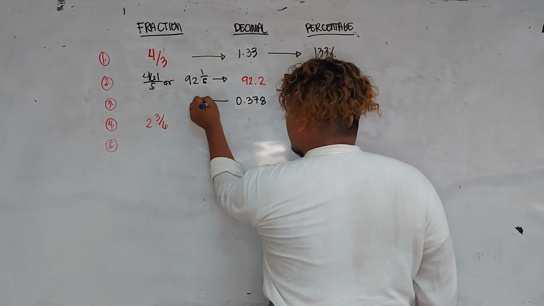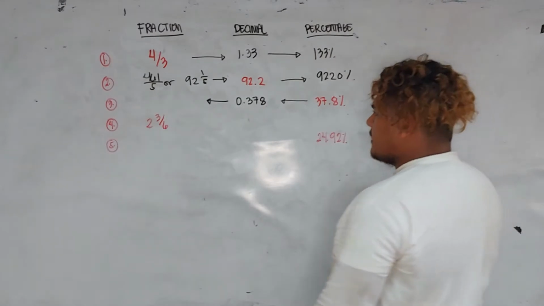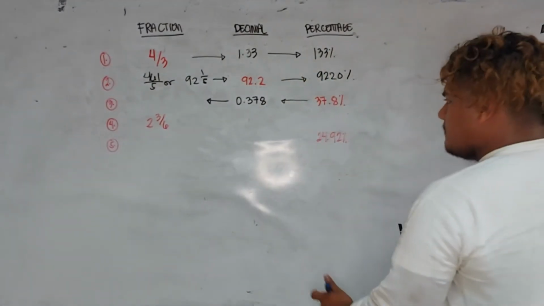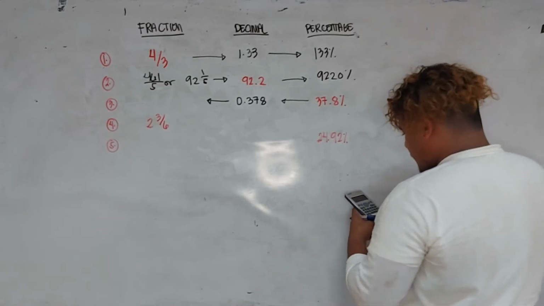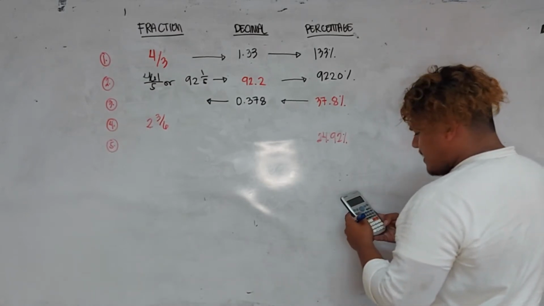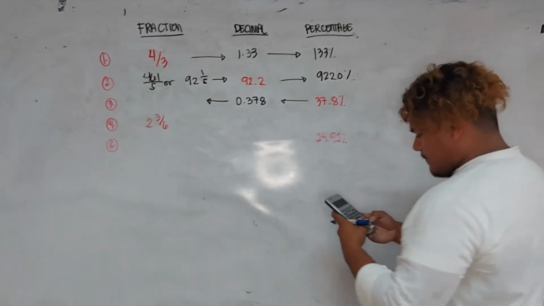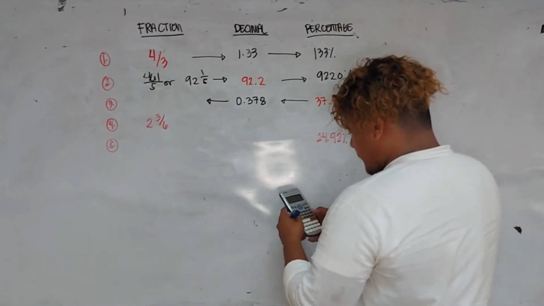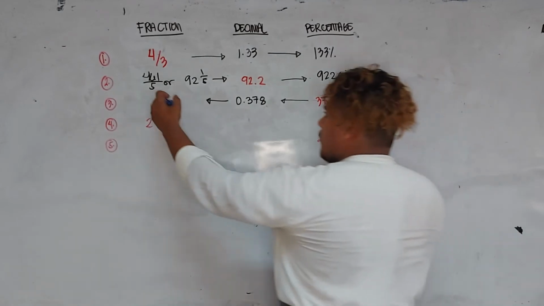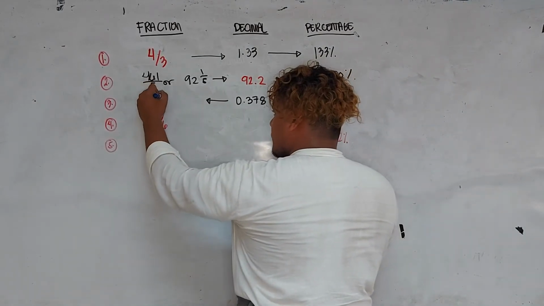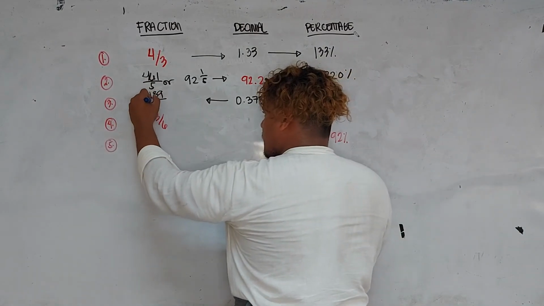How about the fractional equivalence of 0.378? What is the fractional equivalence of 0.378? 0.378 times 1,000 over 1,000. The answer is 189 over 500.